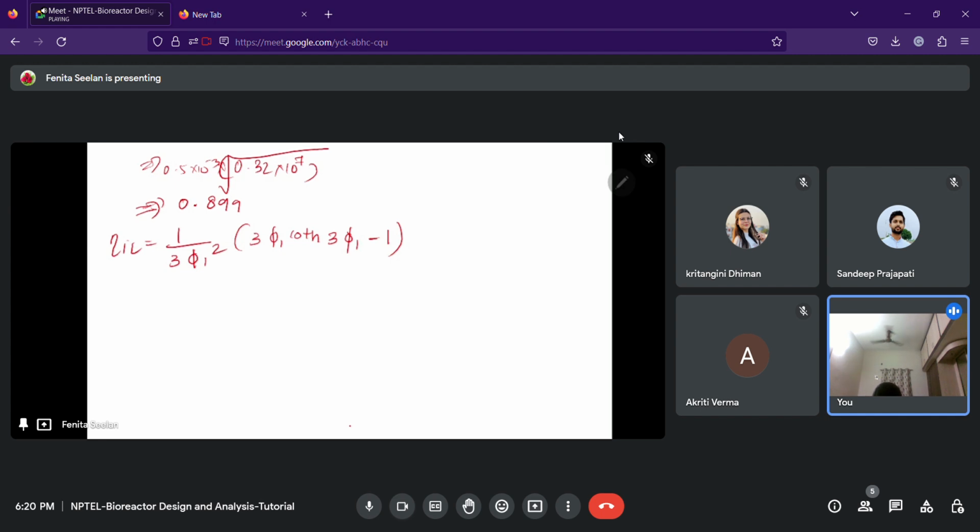We'll first substitute whatever we know. So how do we calculate coth? It is a hyperbolic function, so we have to calculate this with the scientific calculator.